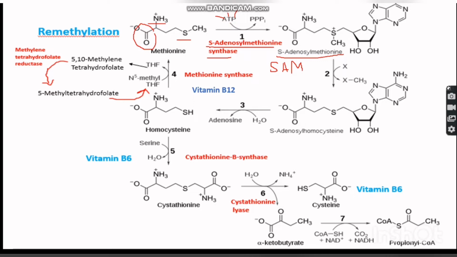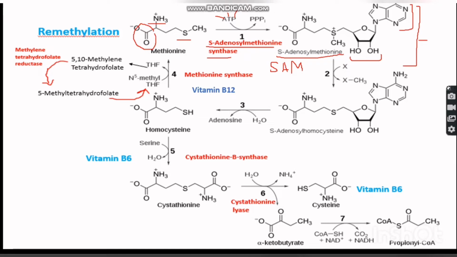With the help of the enzyme S-adenosyl methionine synthase, the three phosphate groups are removed from ATP. What is left behind from ATP is the ribose sugar and the adenine base. These two collectively are known as adenosine. So methionine reacts with ATP, and this whole chunk of adenosine binds with methionine and produces S-adenosyl methionine.